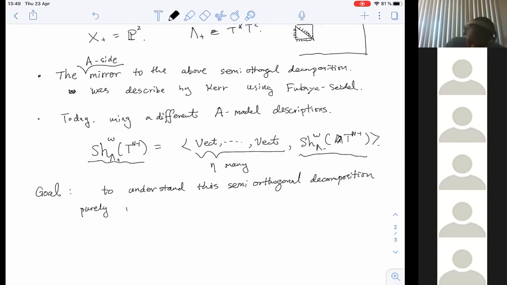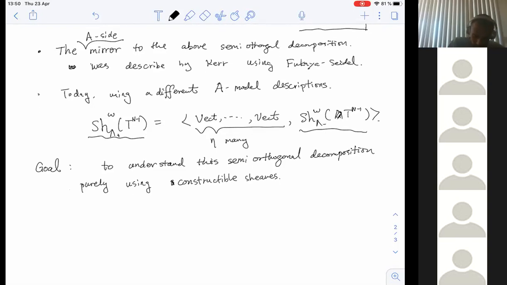So the solution, roughly speaking, is a cobordism between lambda plus and lambda minus.